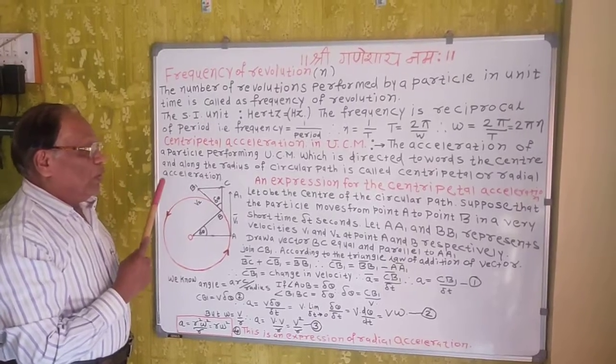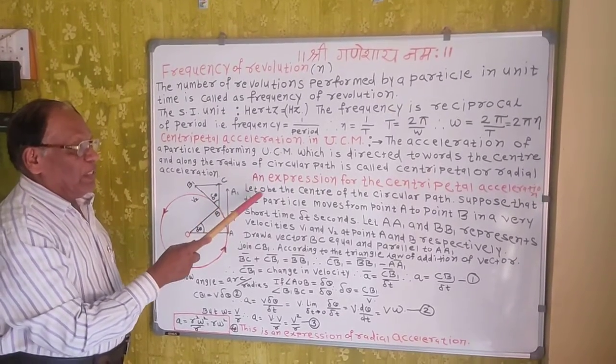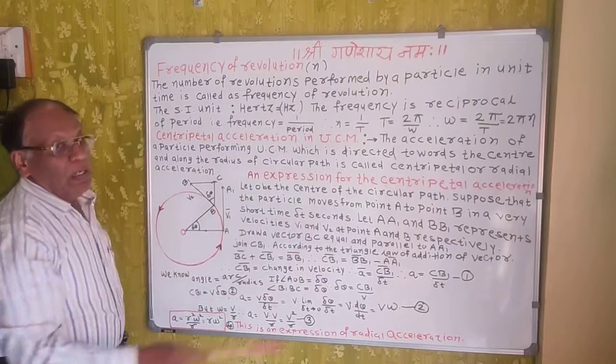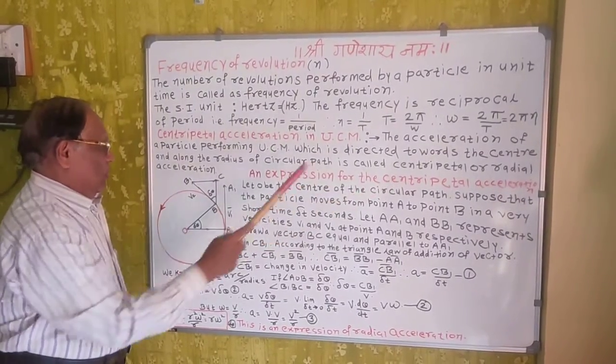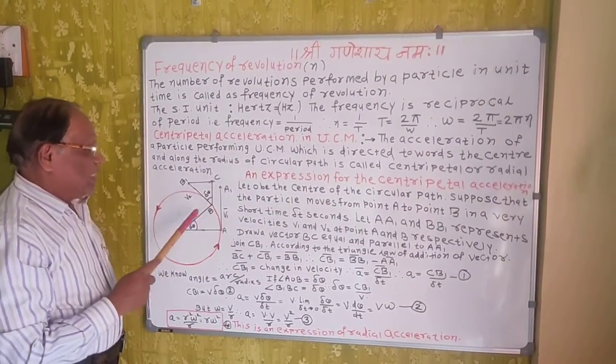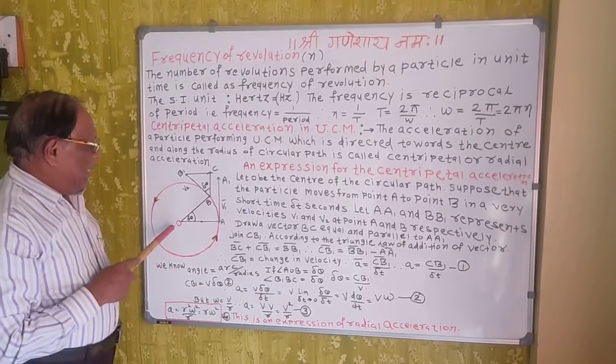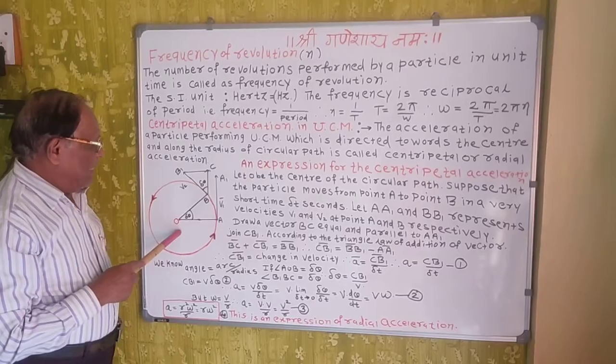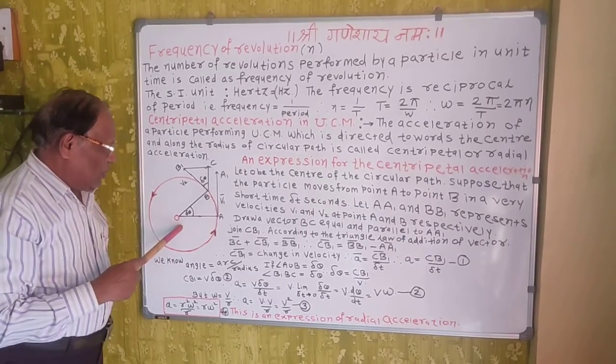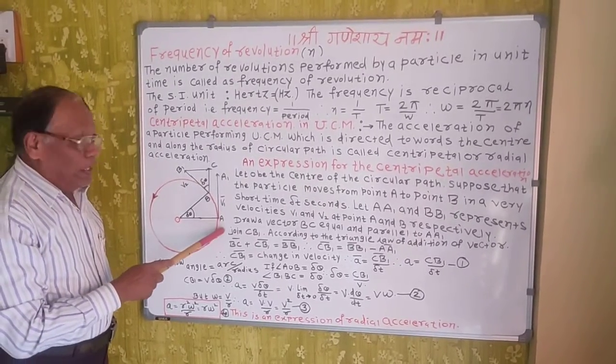Now we are going to derive an expression for the centripetal acceleration. For that we have to draw the diagram here, taking O as center and radius equal to OA.